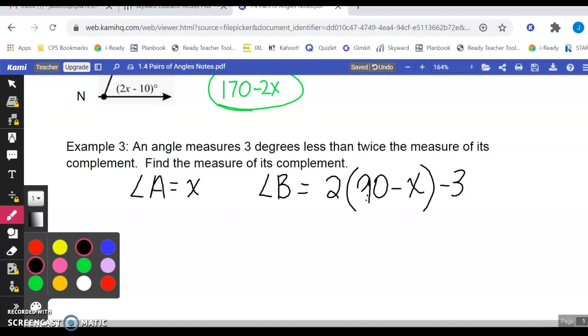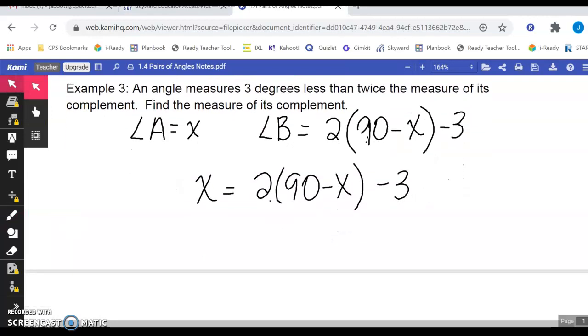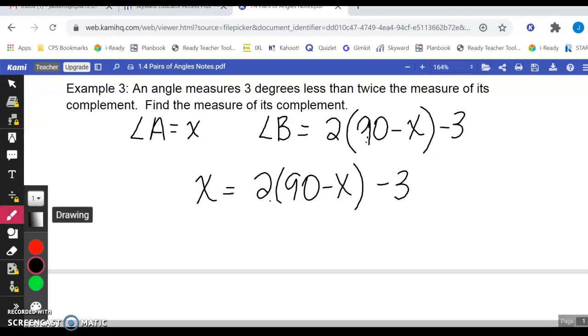So what we have to do is solve for x. x equals 2 times 90 minus x, and then minus 3. To solve for x, we simplify this side and distribute the 2. So x equals 2 times 90 is 180, and 2 times negative x is minus 2x, and then minus 3.